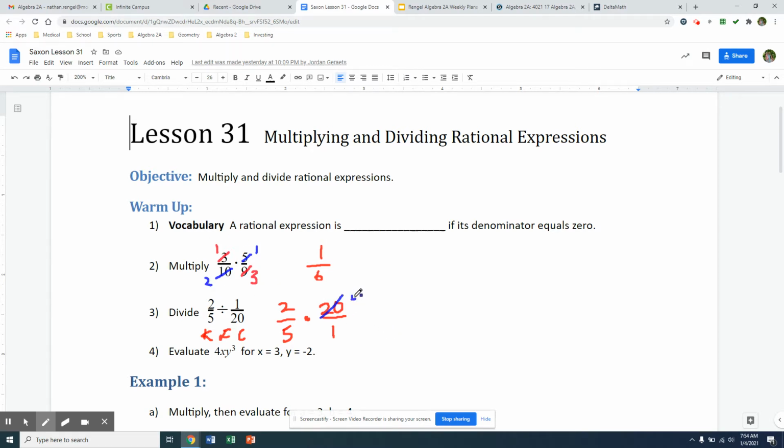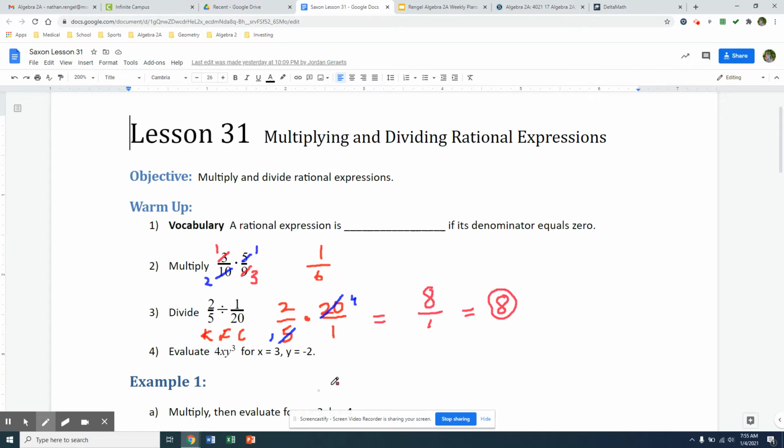So that 20 would become a 4, and then that 5 would become a 1 because they're both divisible by 5. Now we're ready to multiply across. 2 times 4 is 8. 1 times 1 is 1. 8 over 1 ends up being 8. So there would be our result.